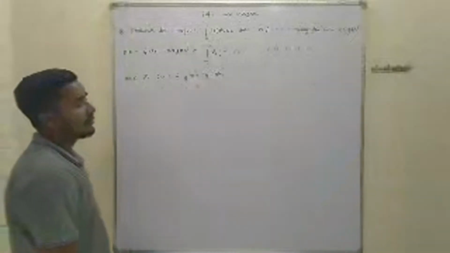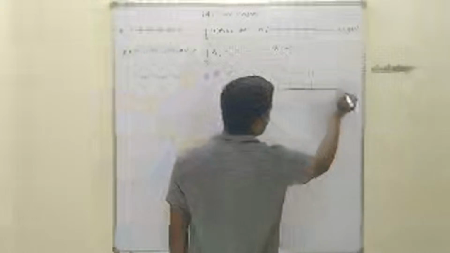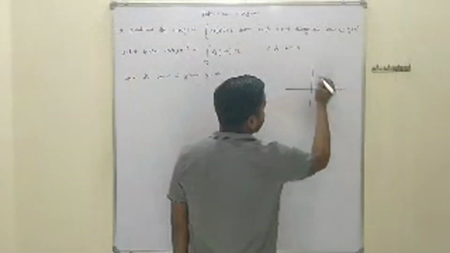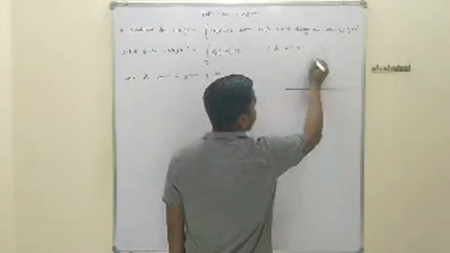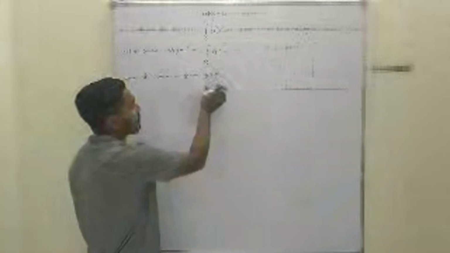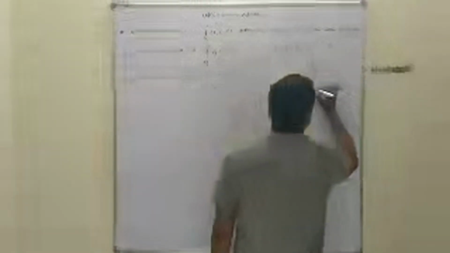First we have to draw the figure. Here this is the x axis and this is the y axis. The curve y equals x squared is a quadratic, and the graph of y equals x squared is a parabola.